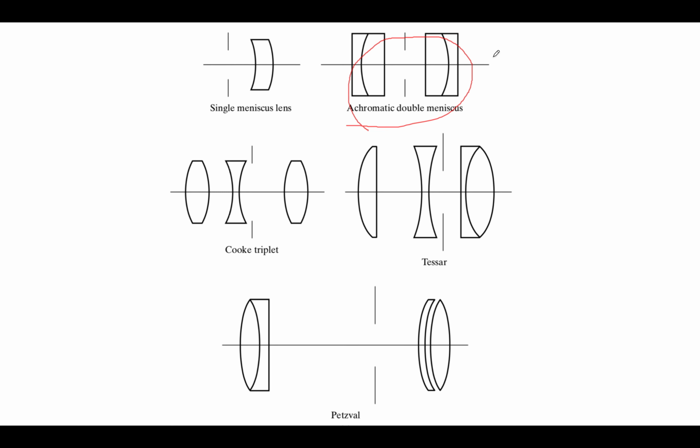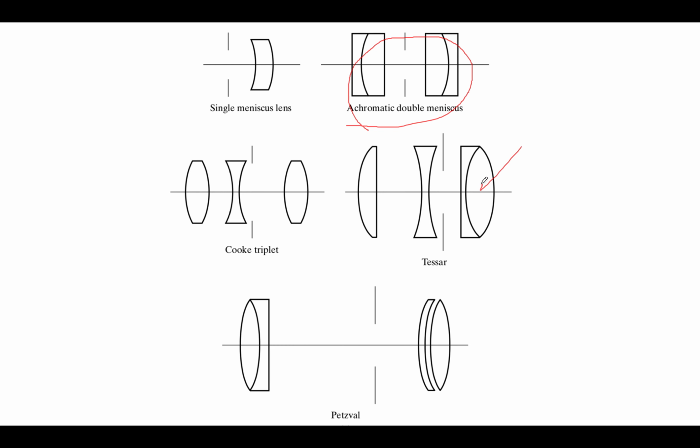Sorry, the refractive index for blue is higher, and the refractive index for red is lower. So red goes farther than blue, and you would have a blurred image. But if you put in an achromatic doublet, they sort of cancel each other and bring red and blue back together. If you haven't watched the achromatic doublet example video, please go back and watch that. So that's what it is doing.